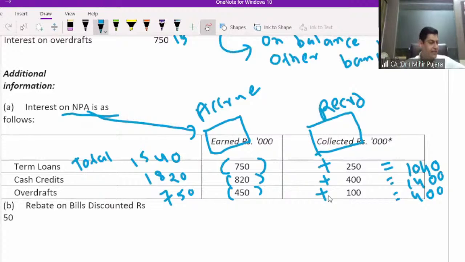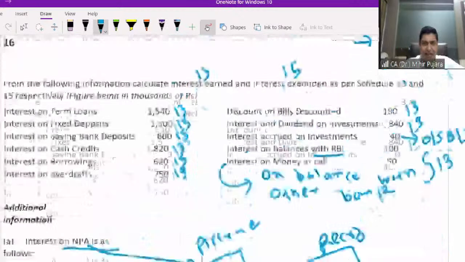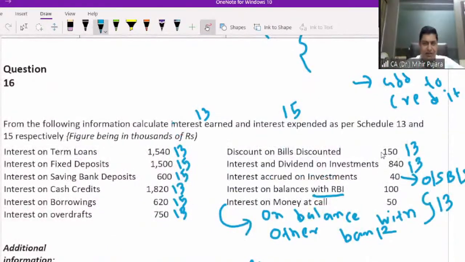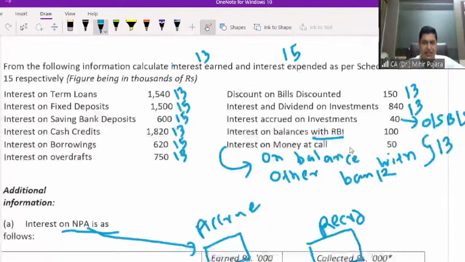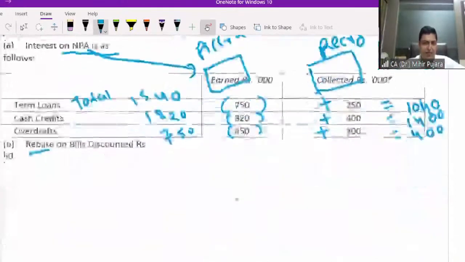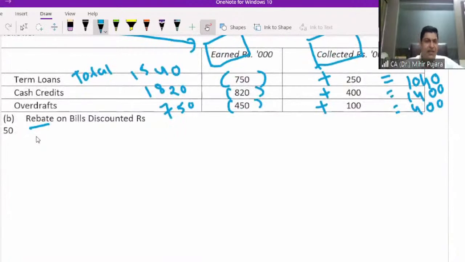Yes, guys, like this. And the last small adjustment: rebate on bill discount is 50. So our discount income is 150. Tell me guys, in this 150, should this 50 be minus or plus?